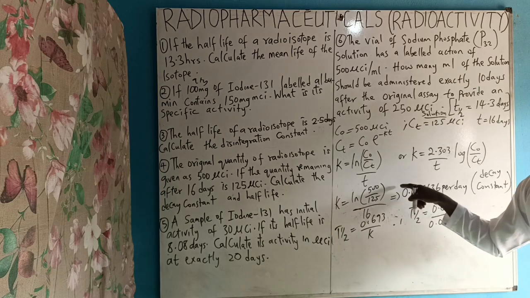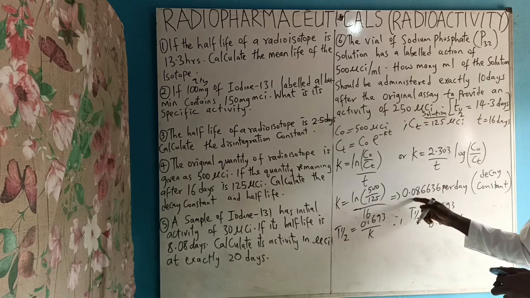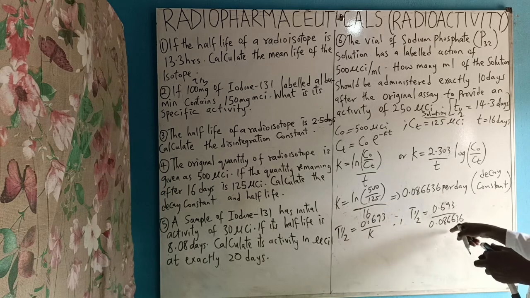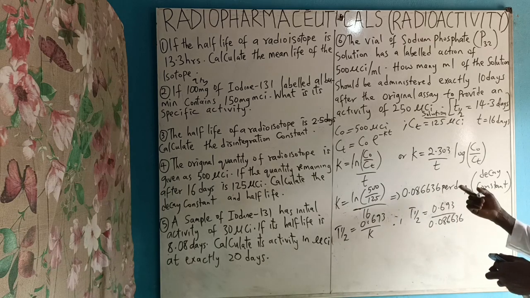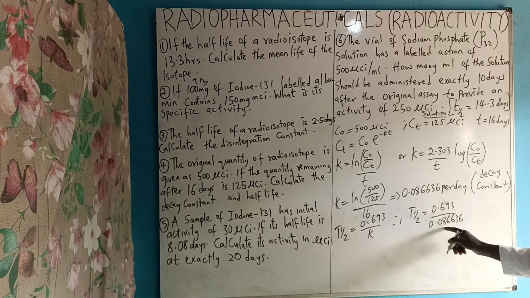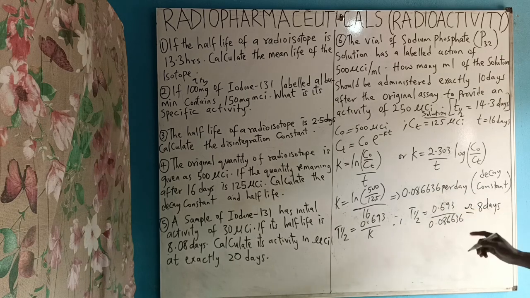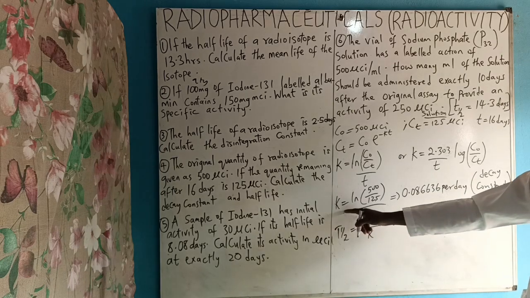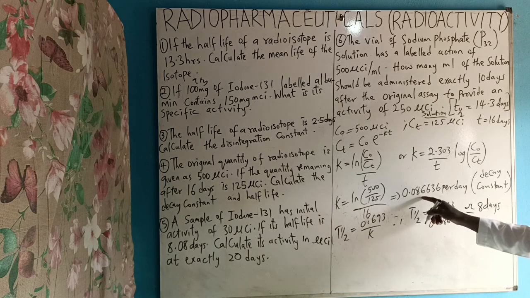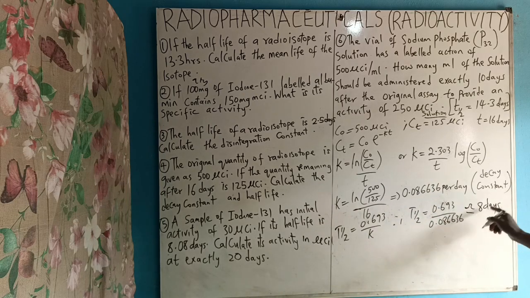They asked us to get K and we are still going to use the K. If we just approximate it, maybe 0.87, it will affect the value of half-life we'll be getting, maybe too high or too low. When you compute this in your calculator, it will be giving you 7.99, approximately 8 days. So the decay constant is 0.086636 per day, then the half-life is 8 days.